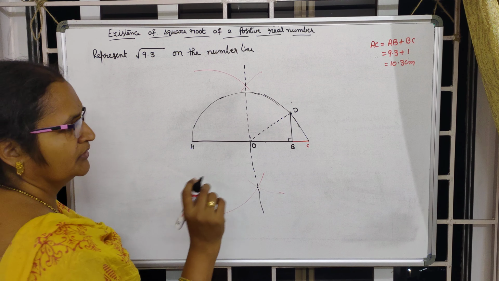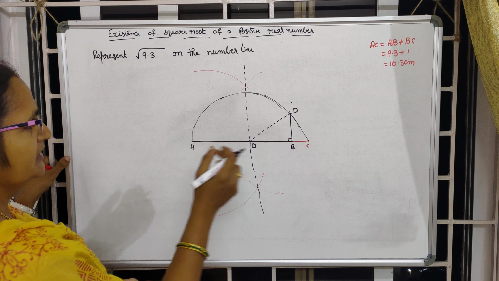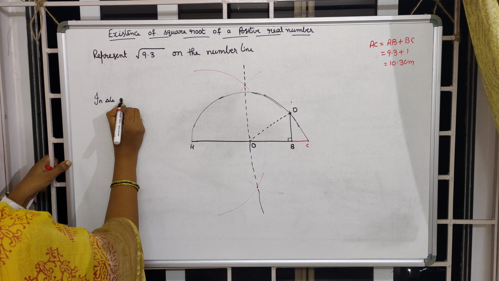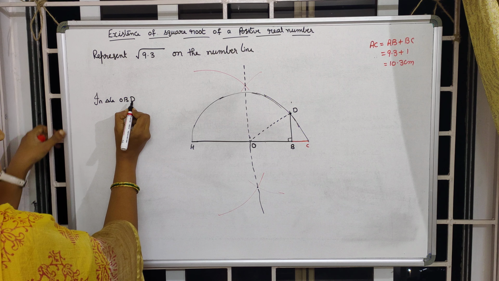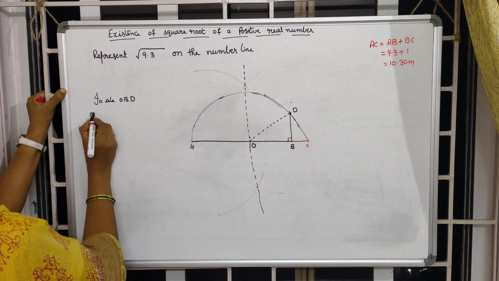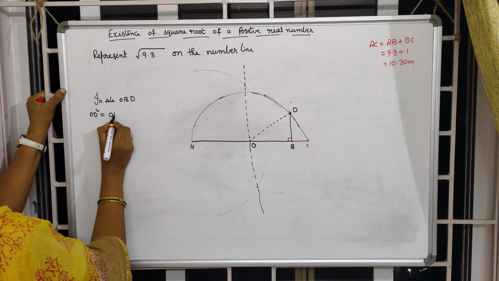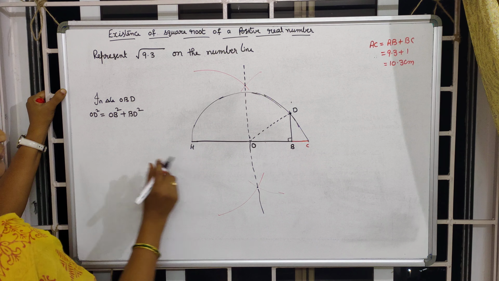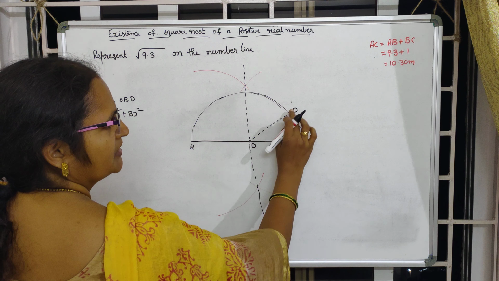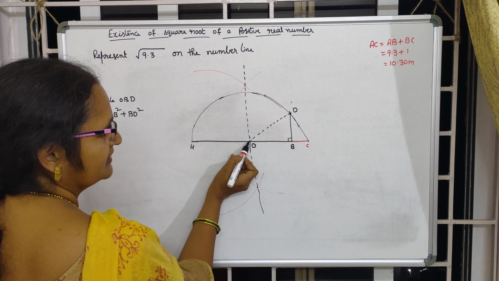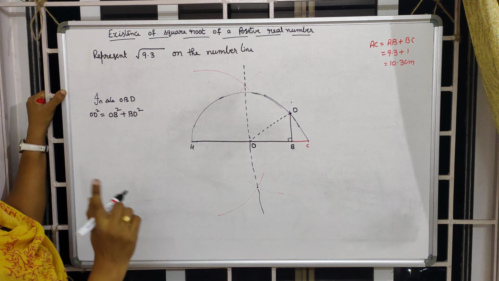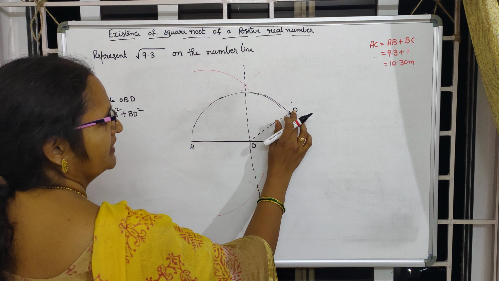Now we are going to verify it. In triangle OBD, this is a right triangle. So we can write OD square equals OB square plus BD square. OD is nothing but the radius. Observe clearly, O is the center and D is a point on the semicircle, so OD is the radius.